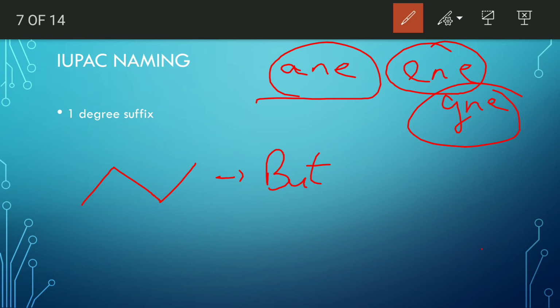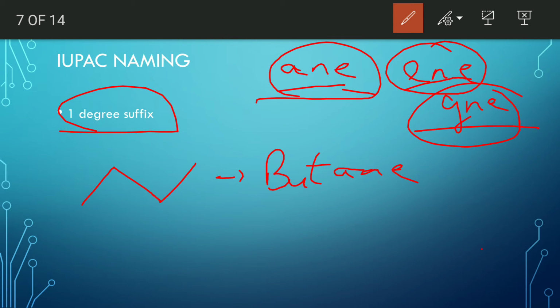So, here I have 4 carbons, which the word root is but, and the suffix is "ane". So the 1 degree suffix of alkane will be "ane". The 1 degree suffix of alkene would be "ene", and for alkyne would be "yne". Right? So this would be its IUPAC name. So this "ane" is the 1 degree suffix, and this but is the word root.